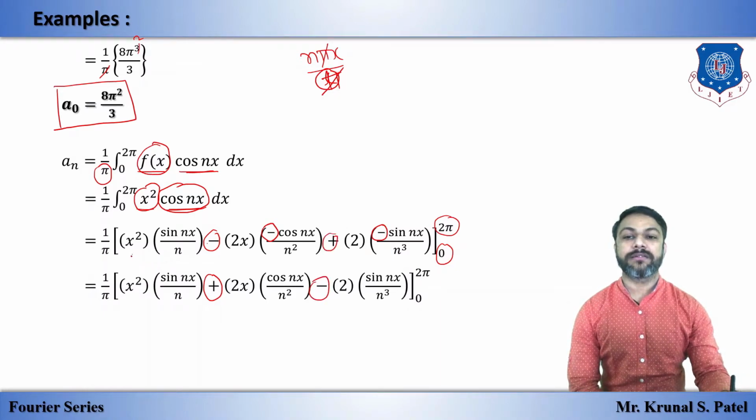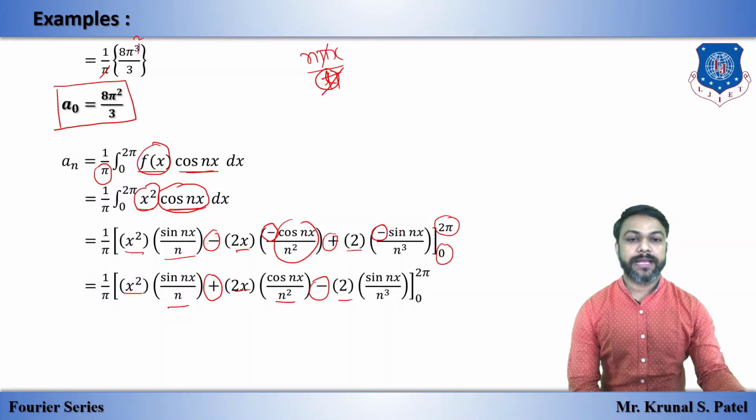Other than that, there is no change. x square as it is, this sin nx by n as it is, this 2x as it is, this cos nx by n square as it is, because this minus minus becomes plus, this 2 as it is, and this sin nx by n cube as it is, and this plus minus becomes minus.